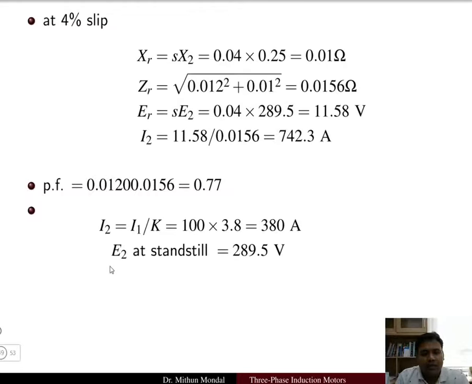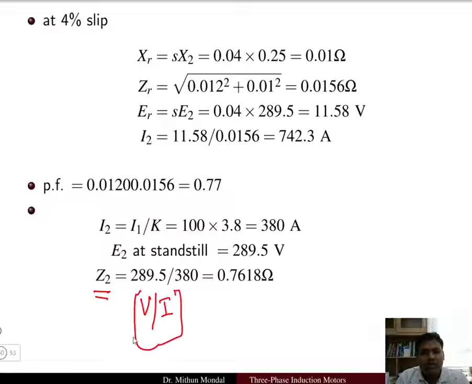So the E2 value at standstill condition we have already calculated as 289.5 volts. Then the impedance Z2 is equal to the voltage divided by the current.